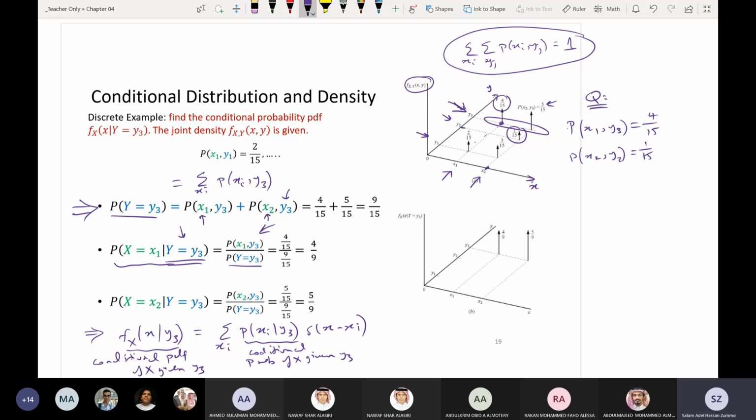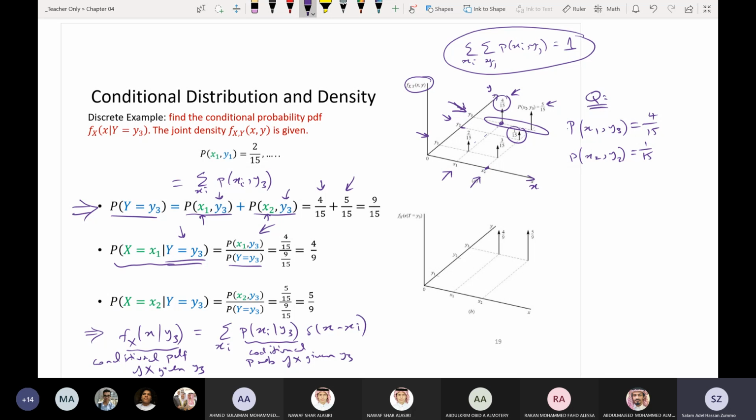So this is equal to two probabilities: the probability of x1, y3, plus the probability of x2, y3, which is 4 over 15 for the first one and 5 over 15 for the second, which is 9 over 15.